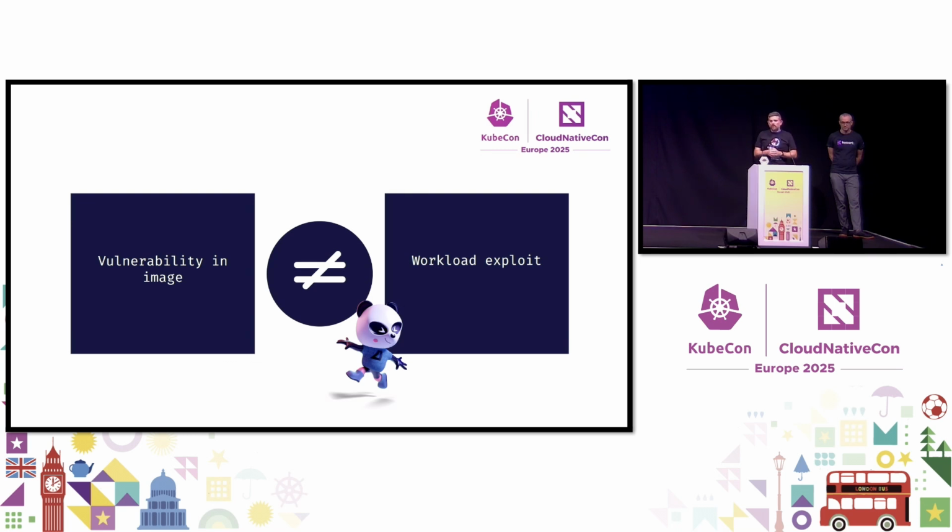The main issue is that although to some extent there is some conjuncture where you could exploit them, because otherwise they wouldn't be called vulnerabilities, in most cases they are not real threats to our environments in a Kubernetes cluster, because of a myriad of reasons, which I'm going to talk about a little bit later.